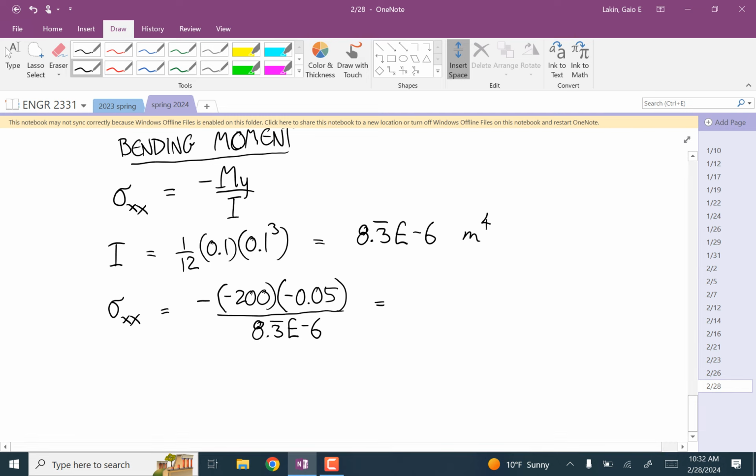Okay, so we have negative 1.2 times 10 to the 6 pascals.